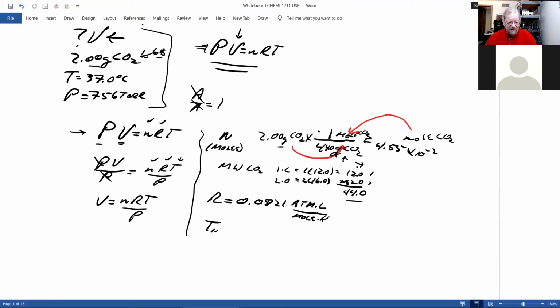And temperature in Kelvin equals degrees C plus 273 equals 37.0. And I could have left off the 0.0, plus 273. And this would be equal to 310 Kelvin or 310.0 Kelvin.